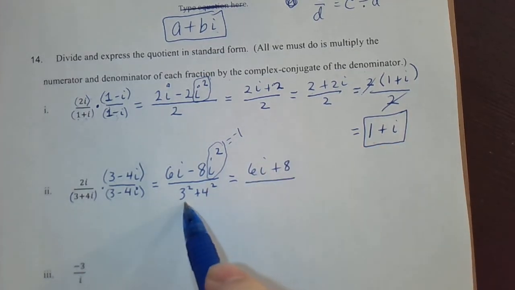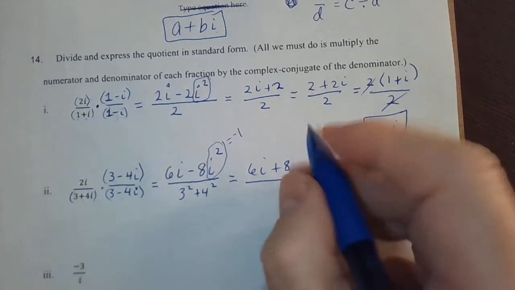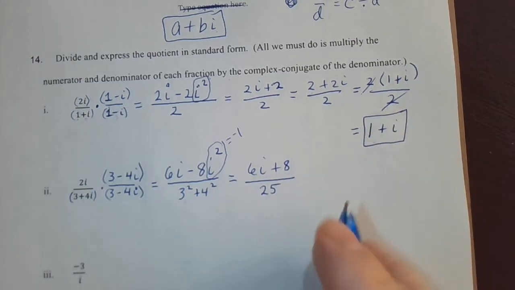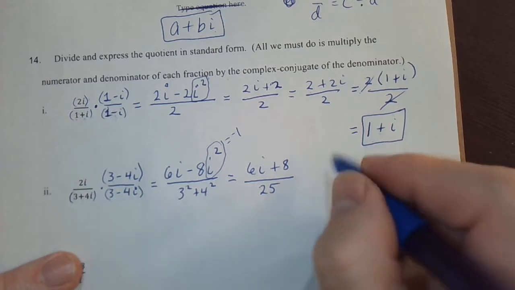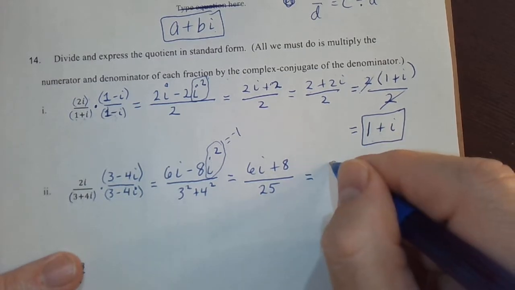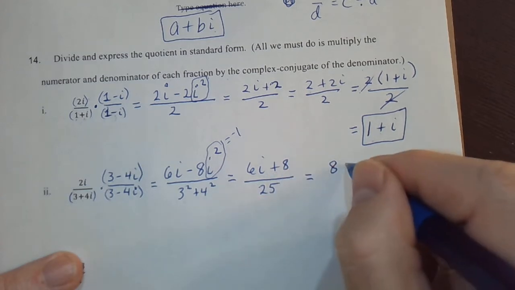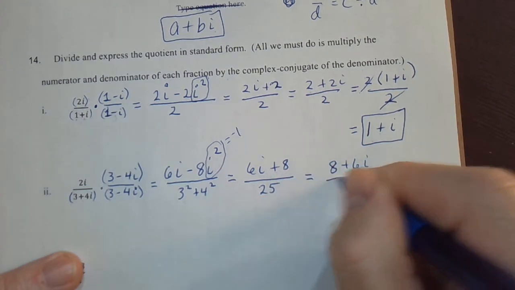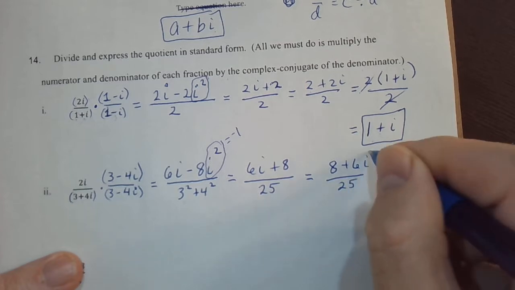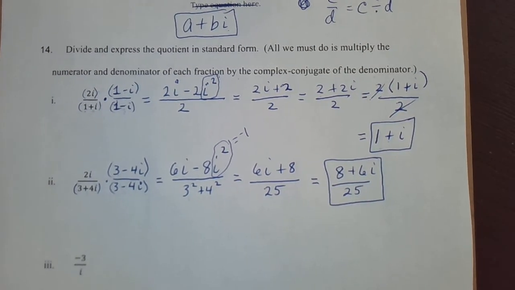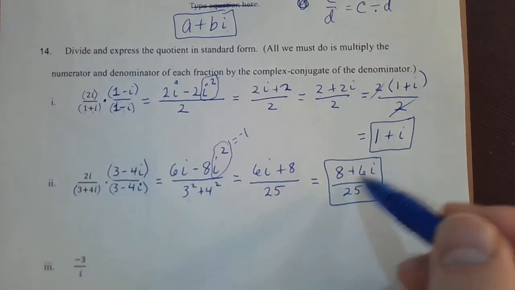Over, and what is this? 9 and 16 is 25. All right, so let's write the top in standard form, which would be 8 plus 6i over 25. Now, I generally accept this as a final answer, as long as it's reduced.